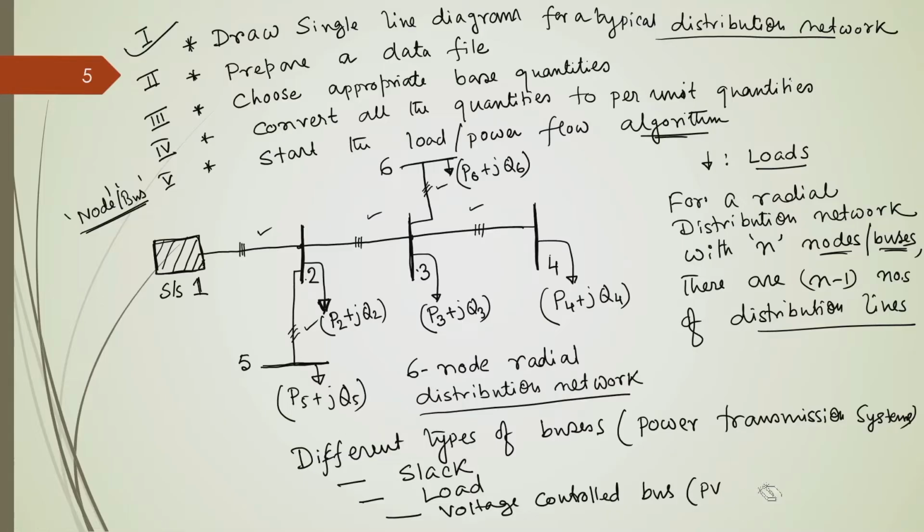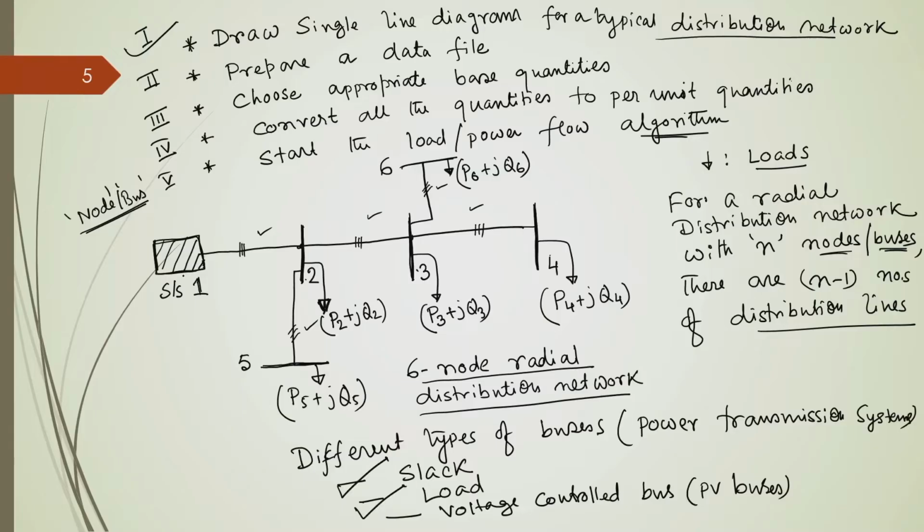So, these are the typical types of buses. But for a passive distribution network, as long as there is no source connected to the network, we only have two types of buses. One is called slack bus, another is called load bus.